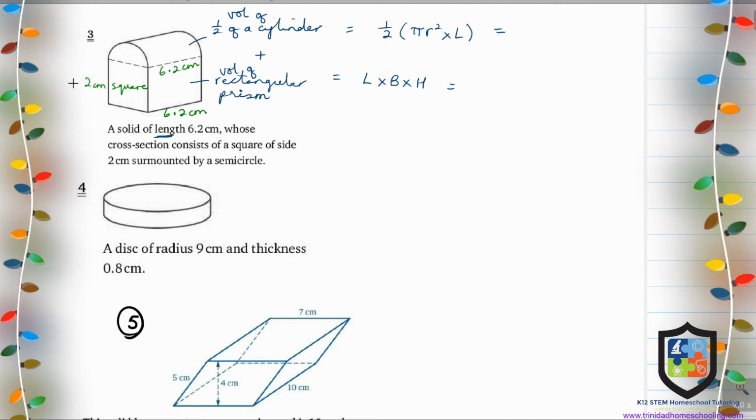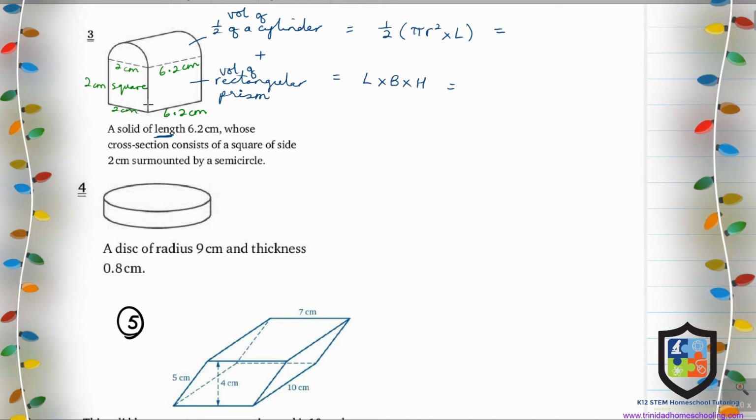So if one side is 2 centimeters, then all the sides are 2 centimeters. Now it's not a cube, because we are seeing here that the length is 6.2 centimeters, which makes this a rectangular prism. Okay, it just happens to have a square cross-sectional area.